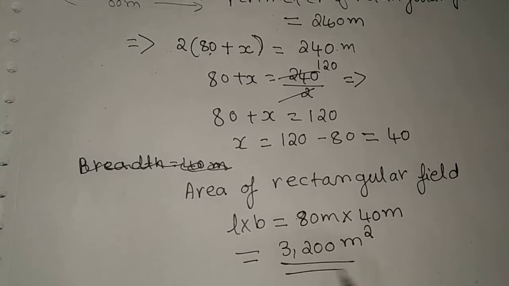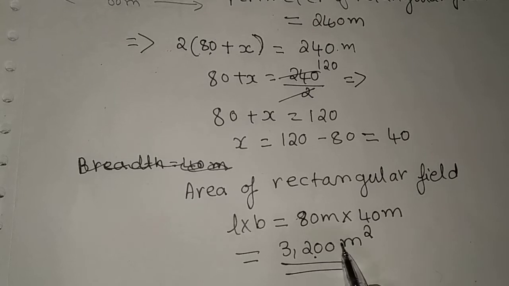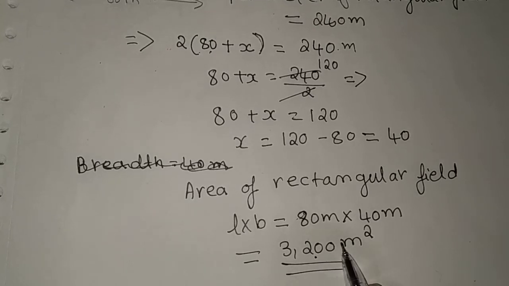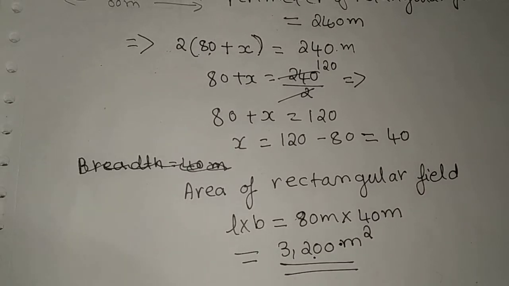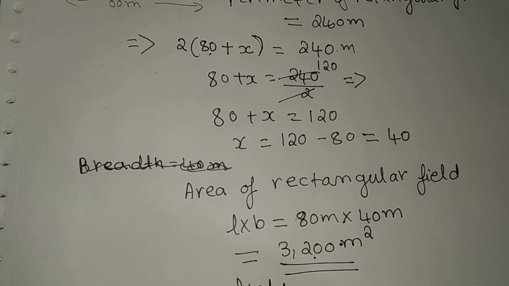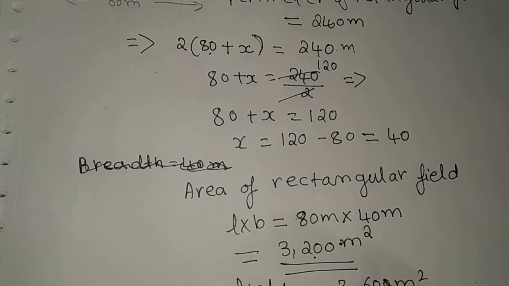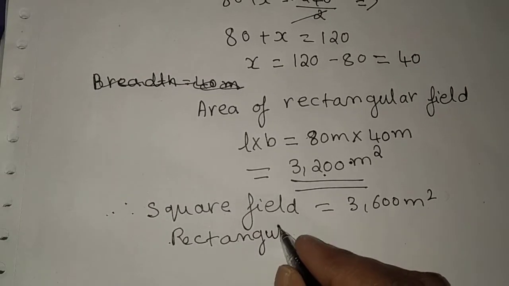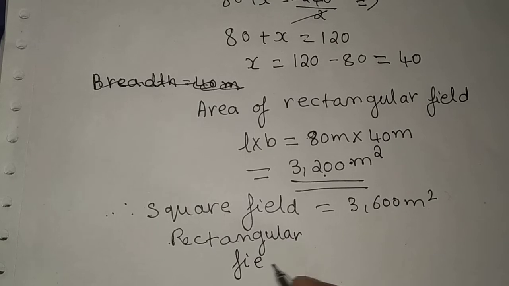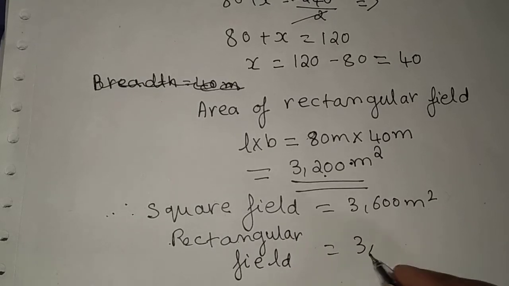Therefore, this one is 3200 m square. In the first case, what we got is 3600 m square. So the square field is equal to 3600 m square, and the rectangular field we are getting is 3200 m square.